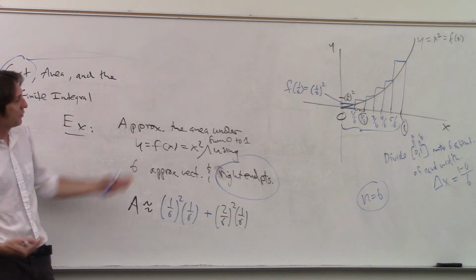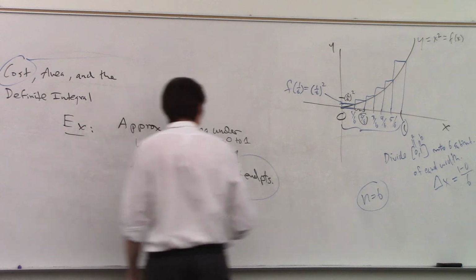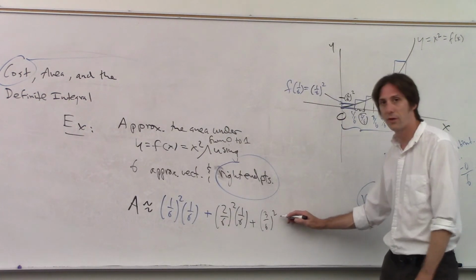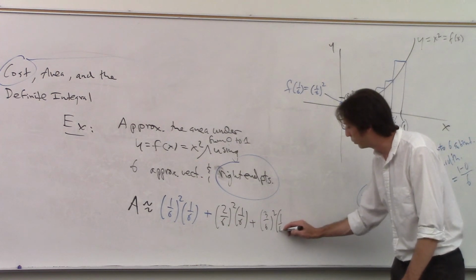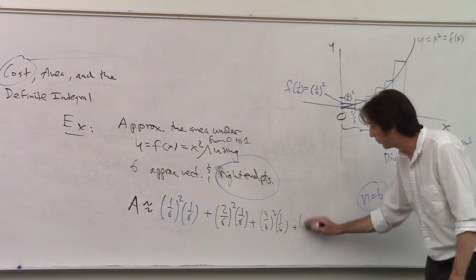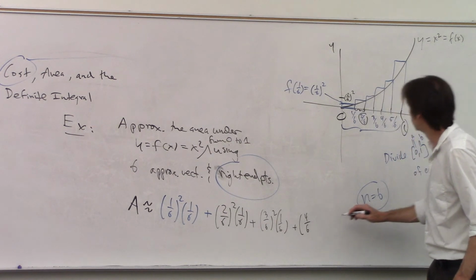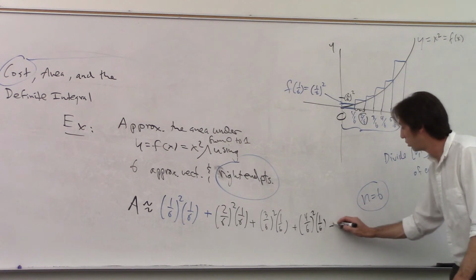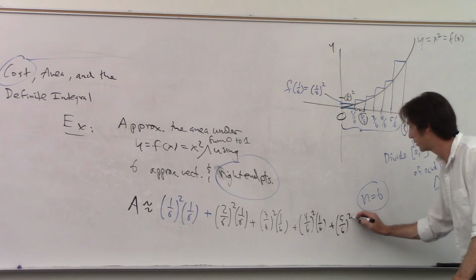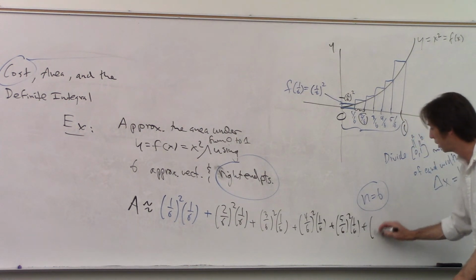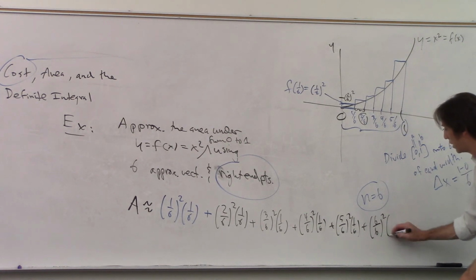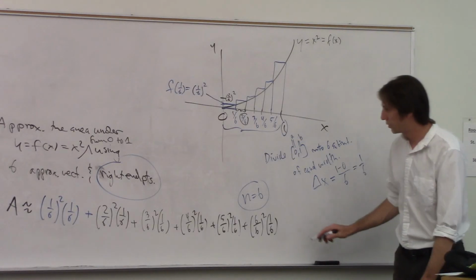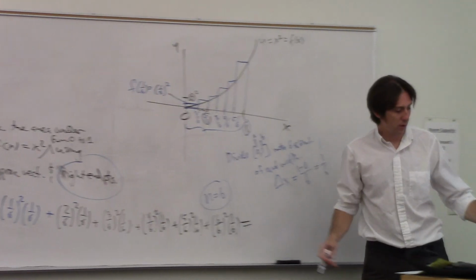And then you continue this process for all 6 of the rectangles. You get plus 3/6 squared, that's the height of the third one, times the width, which is 1/6 again, plus 4/6 squared times 1/6, plus 5/6 squared times 1/6, and then plus 6/6, or 1 squared, times 1/6. All right, doing this calculation, you can use your calculator if you like.